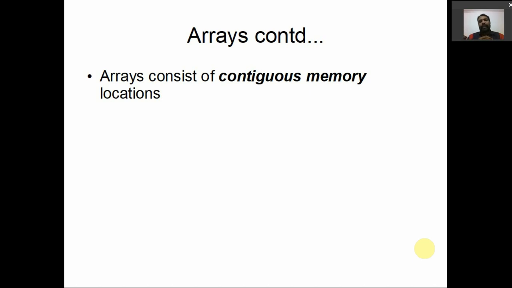If the first element is allocated at address 5000, then the second element will be at 5004, the third at 5008, the next at 5012, 5016, 5020, and like that it will go on. So it will be in contiguous memory locations, and 40 bytes will be allocated continuously. That's why arrays consist of contiguous memory locations.